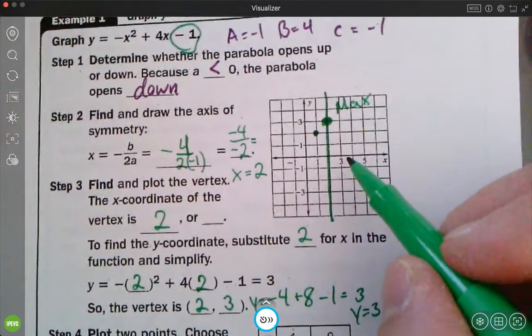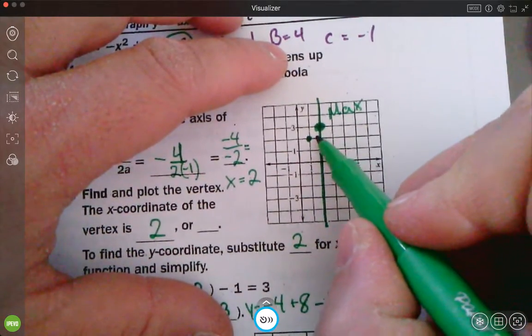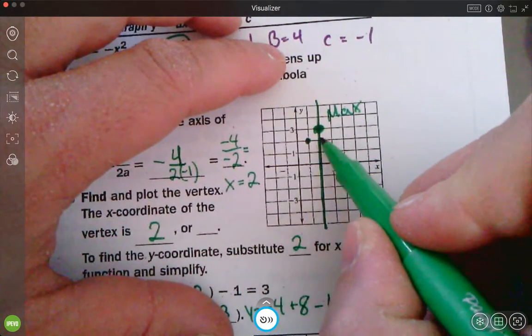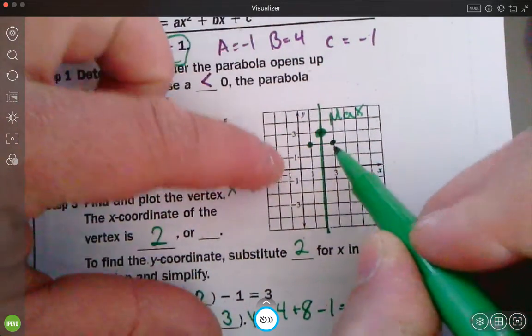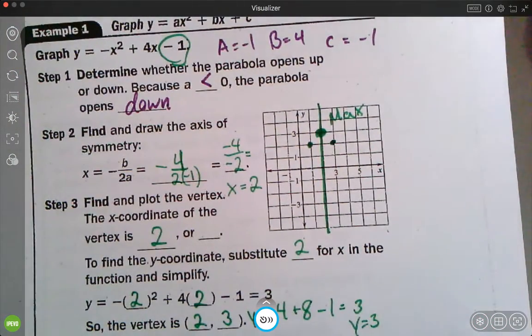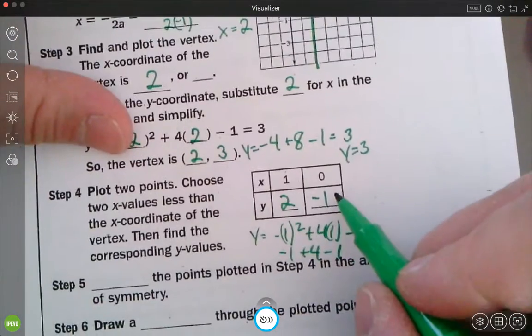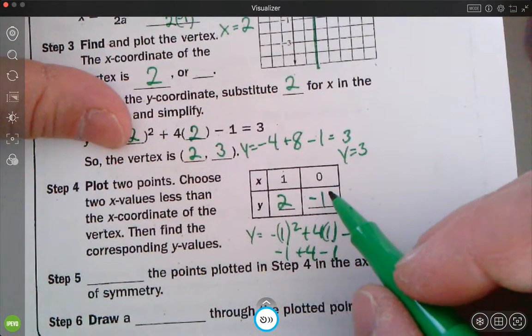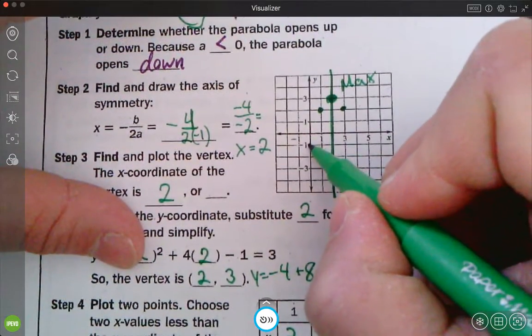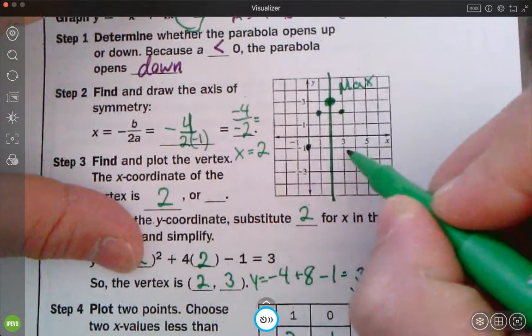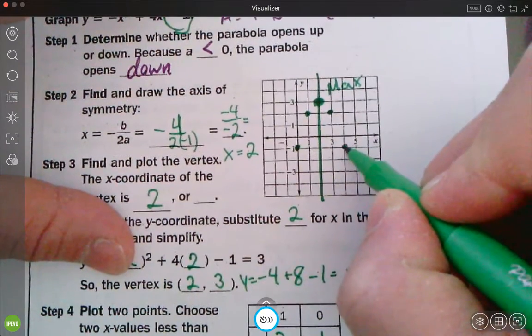Now I can get on the other side of my parabola by going one spot from my line, and I just got 3, 2 for another one. Then my y-intercept is 0, negative 1, and that's 2 away from my line.